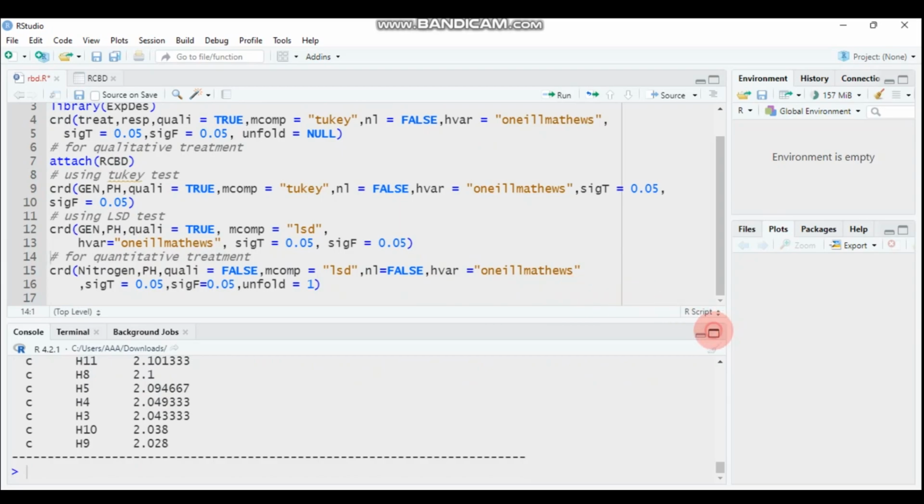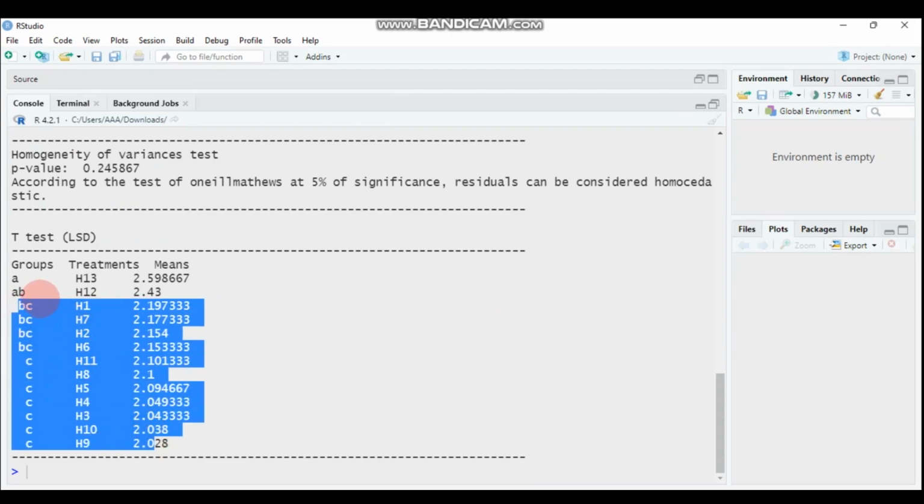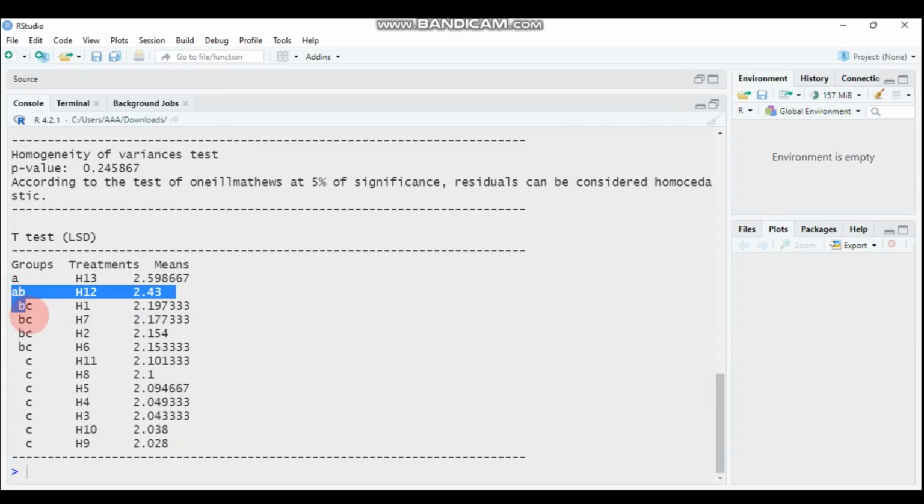As you can see here, there is no statistical difference among these groups because they share the letter C across all. And again, this treatment is not statistically significant with this one because they share the letter B in common.